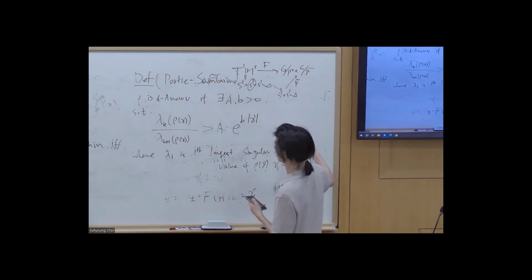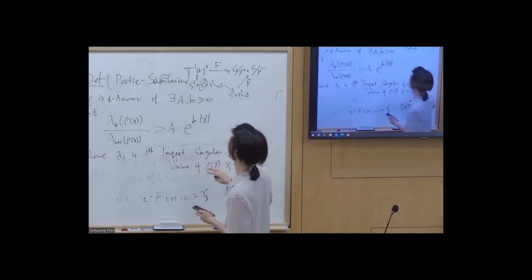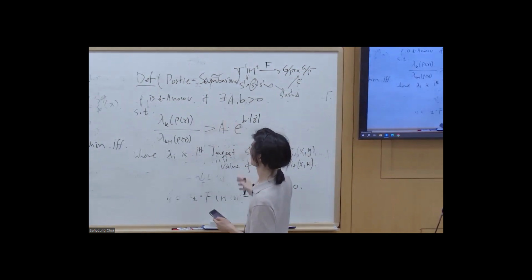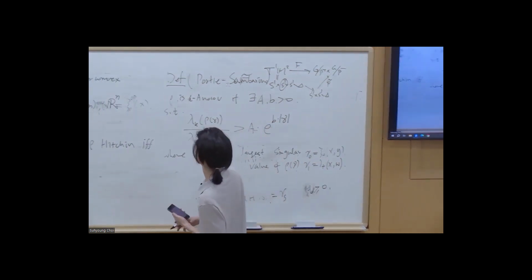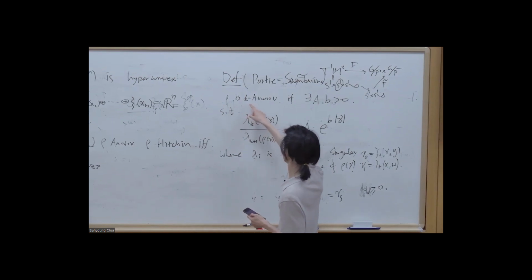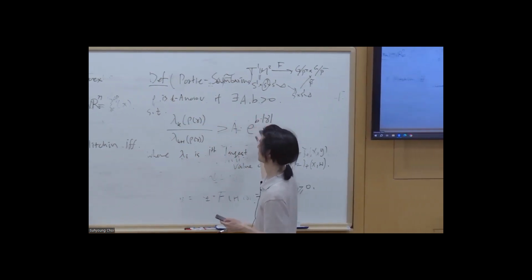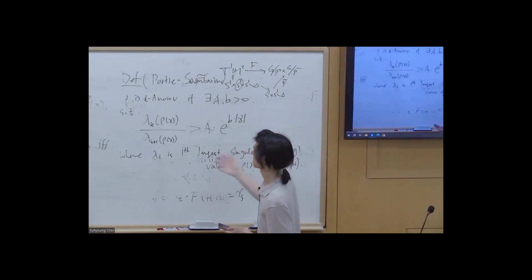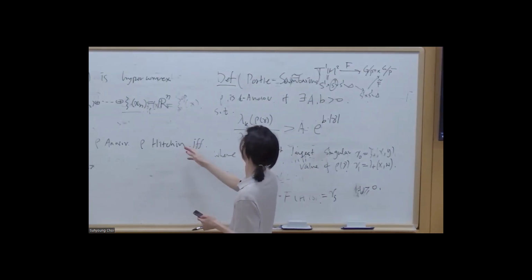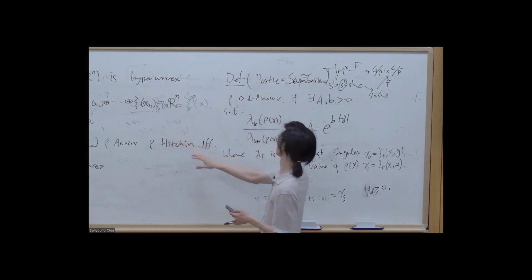So this is the simplest definition for a representation being k-Anosov. And if it is k-Anosov for all k from 1 to n, then that would be called Borel Anosov, or just Anosov, in the sense of Labourie.